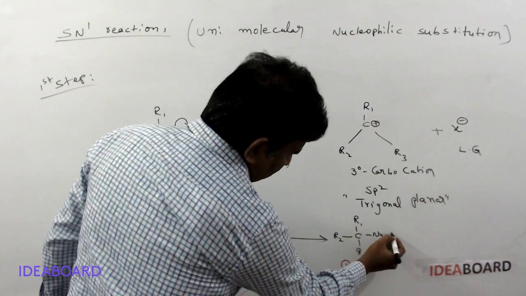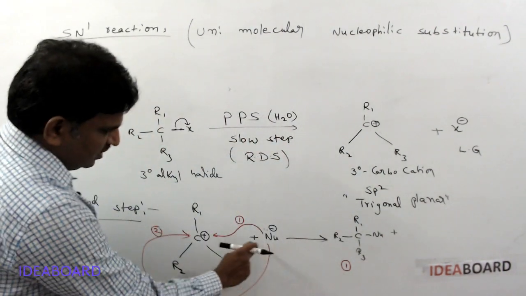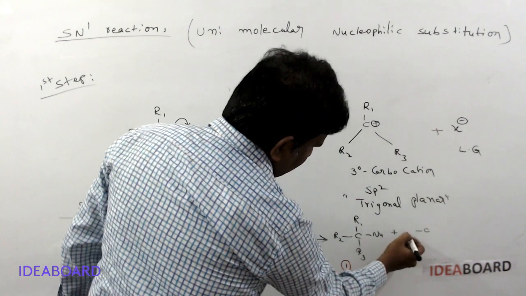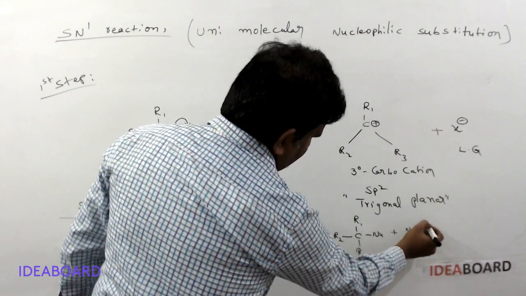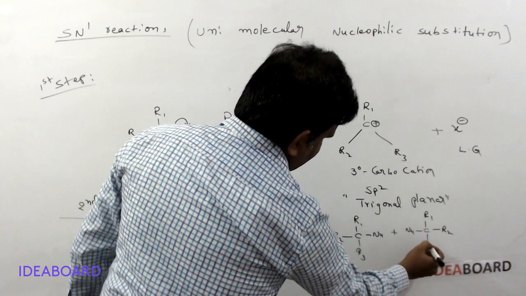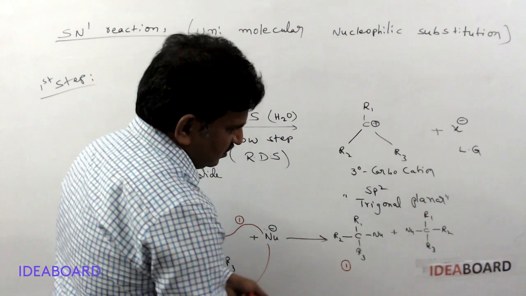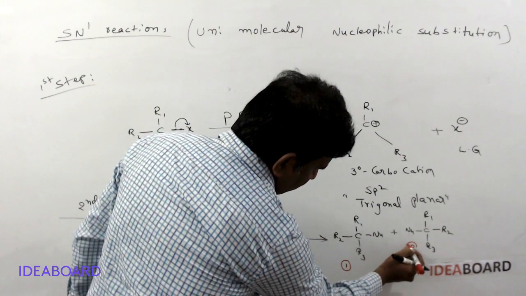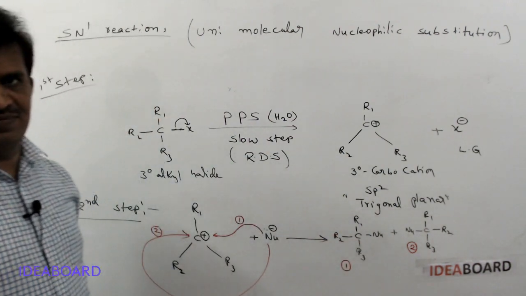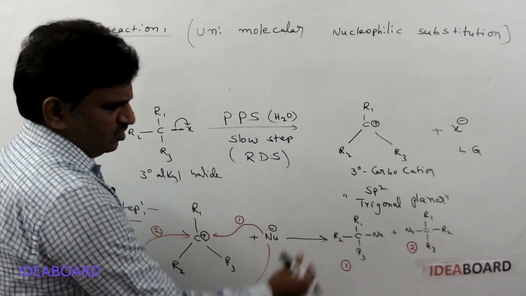Next, suppose the nucleophile is attacking from the back side. Backside attack means the nucleophile attacks here, with R1, R2 and R3, and this is called product 2. So product 1 and product 2 are formed. That is, two products are formed.